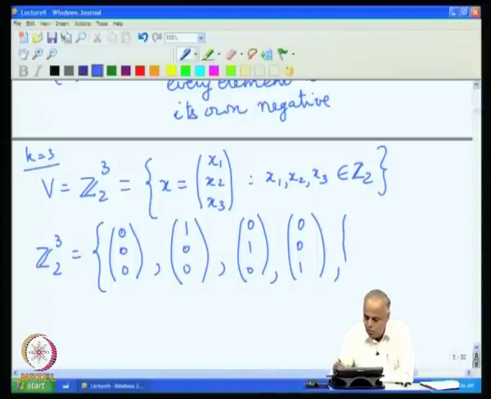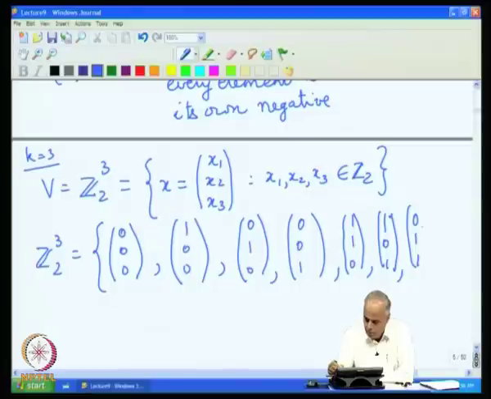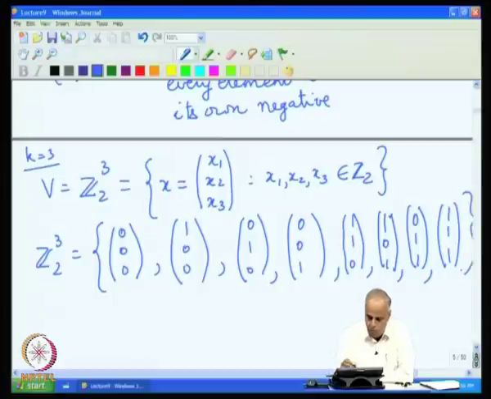Similarly, we can have two ones and one 0, and finally, we can have all ones. So, we have 1, 2, 3, 4, 5, 6, 7, 8 elements in this Z 2 cubed.